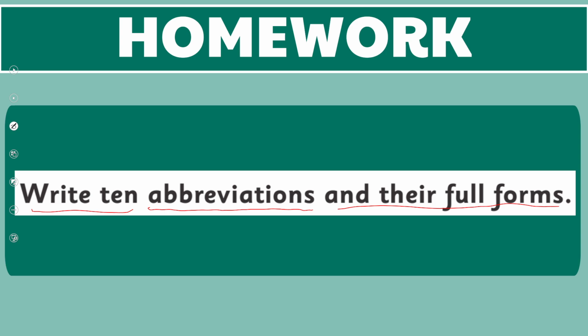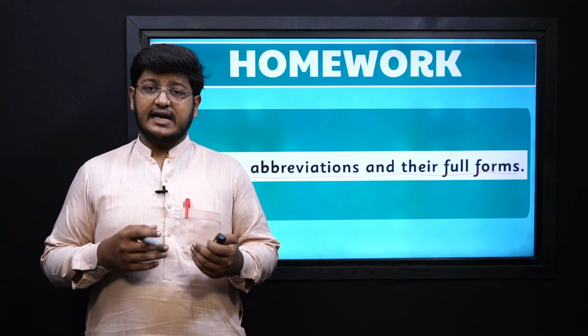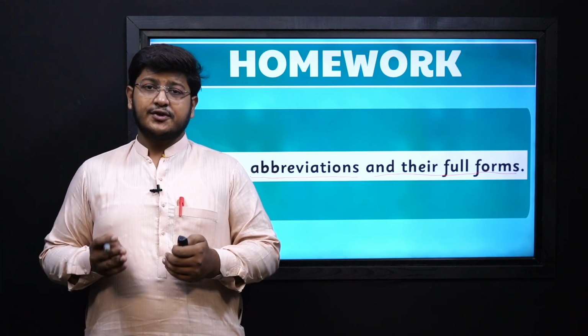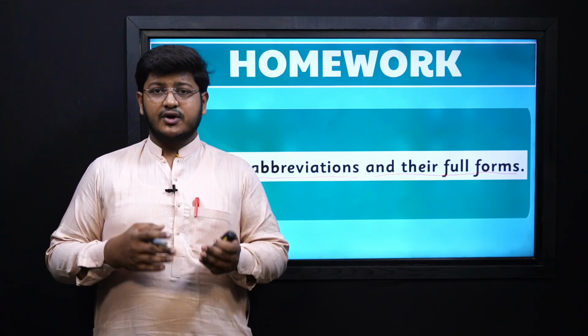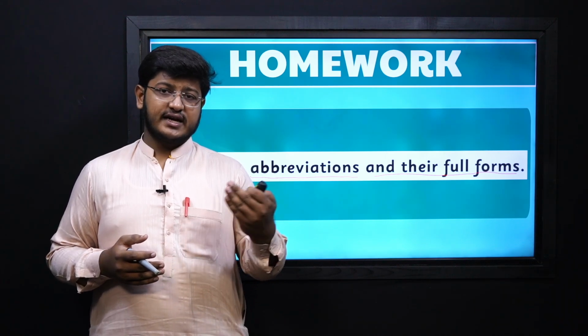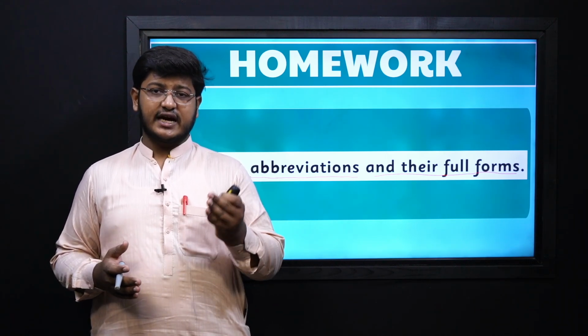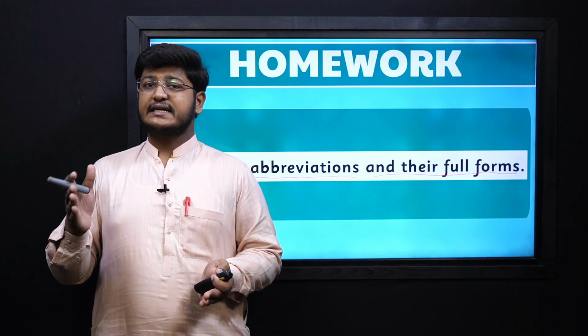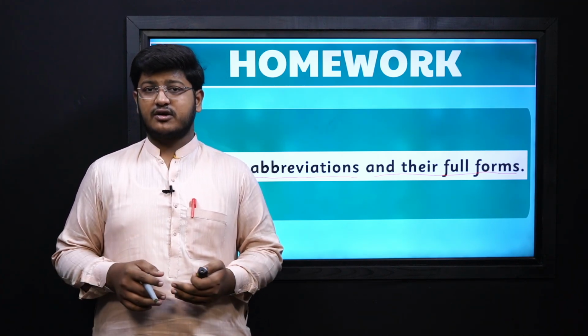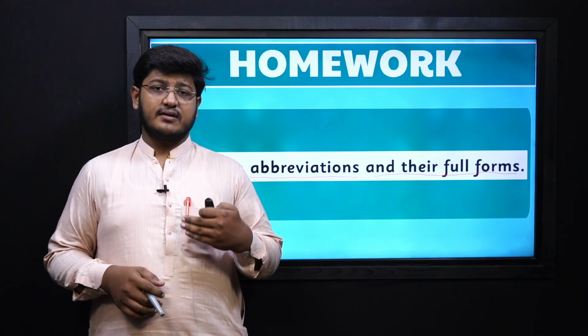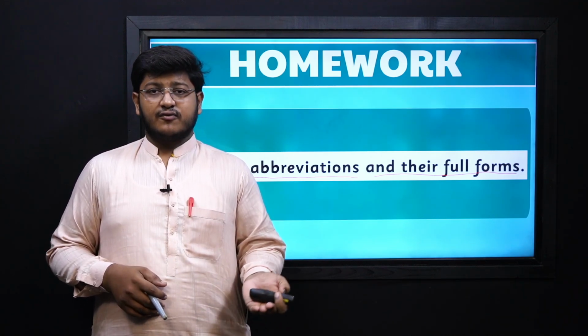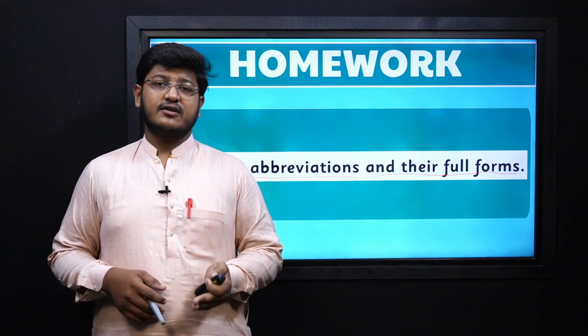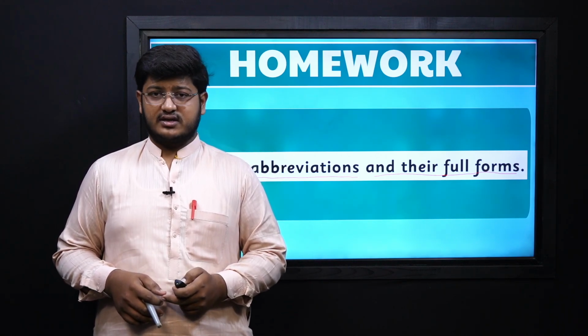Because our SLO was abbreviations and abbreviations used in the dictionary, you have to use a dictionary, go through the dictionary, identify the words with abbreviations, and write the 10 abbreviations for 10 unfamiliar words. This homework will be the touchstone for checking whether the SLO is achieved or not.